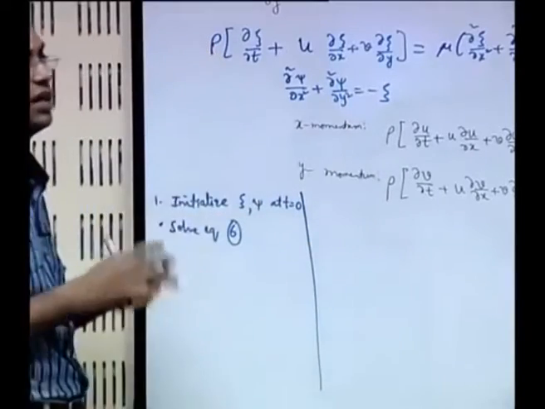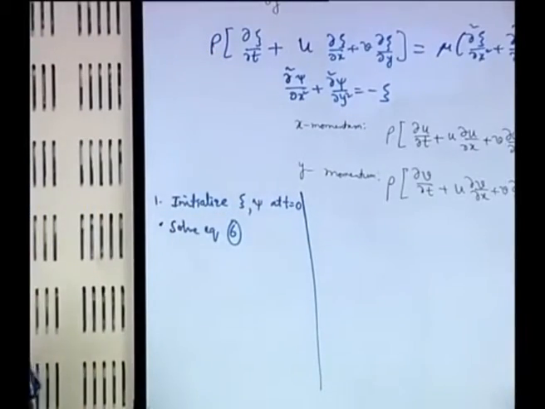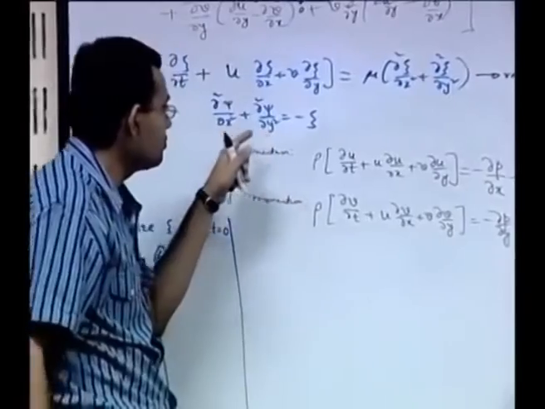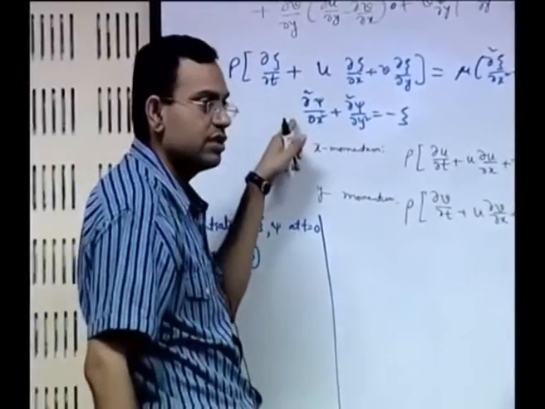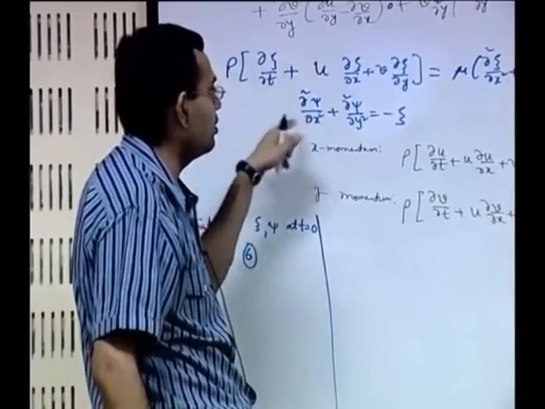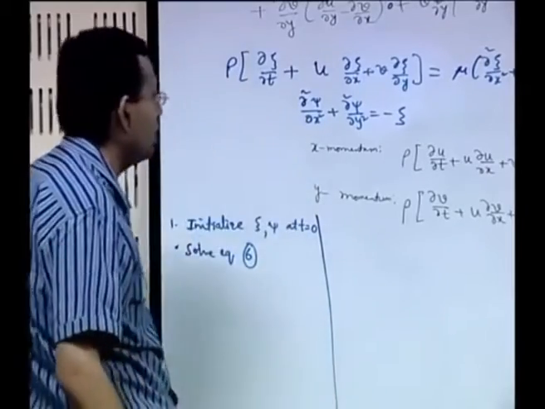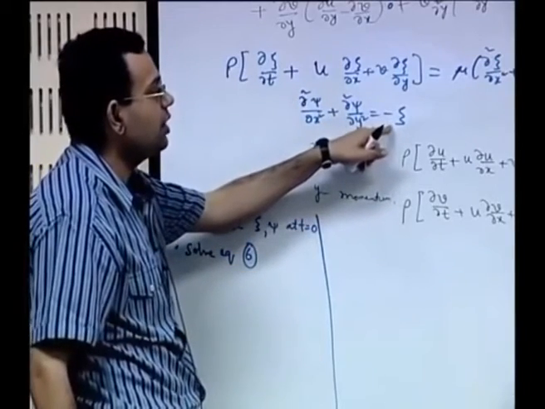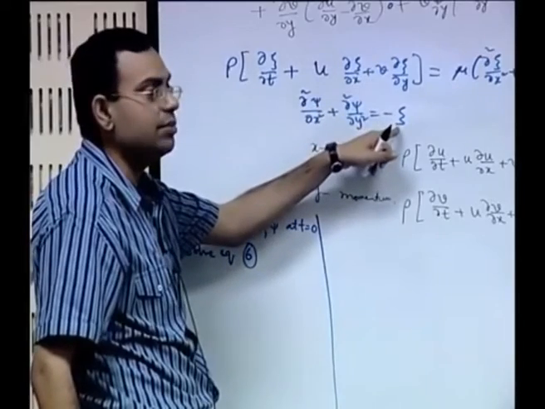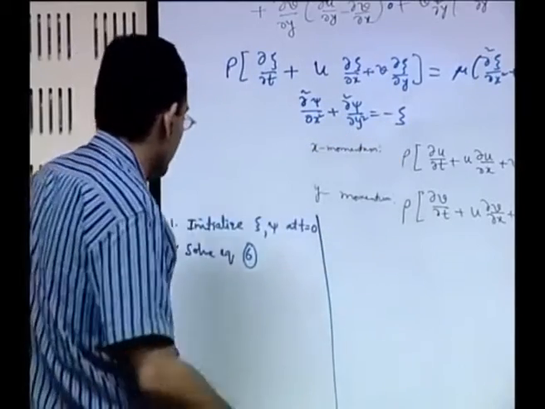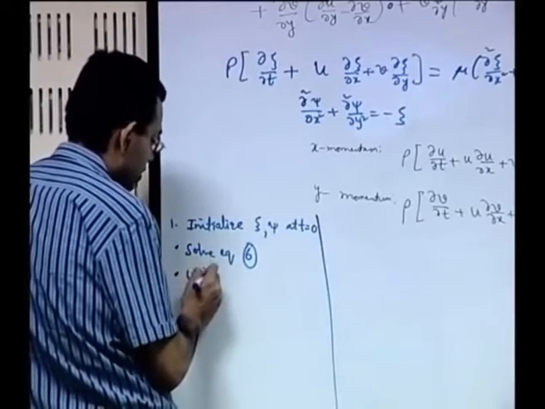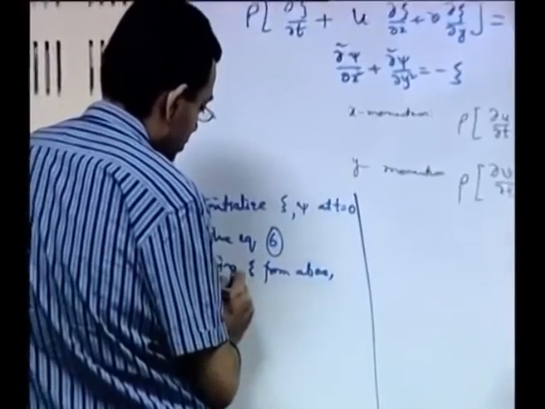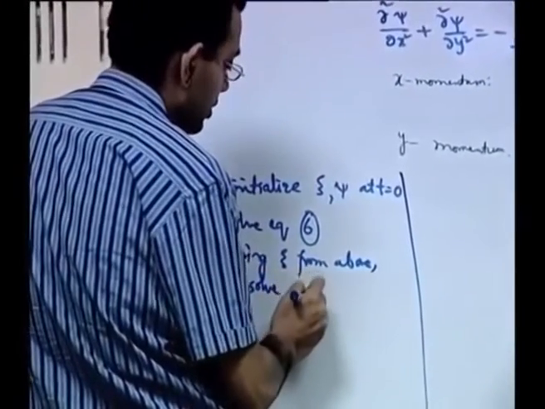So, that is also a standard equation, a standard partial differential equation in numerical science, and therefore one can elegantly solve this using whatever scheme one can choose. It is possible to solve this with the information of zeta from equation 6 used as a source term. So, solve using zeta from above, solve equation 7.